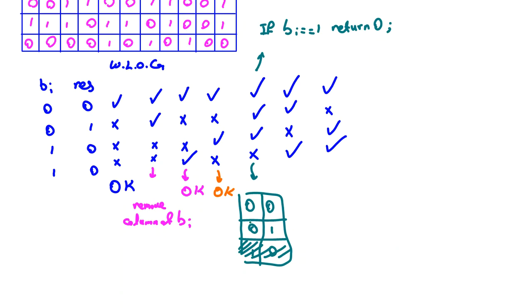And then you need to only focus on the rest. And because for the rest, Bi is 0 always, it cannot distinguish. So you should remove Bi, and remove these rows. Okay?